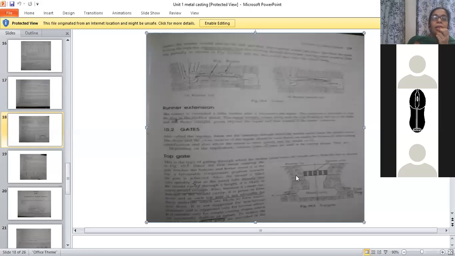Parting gate is the one where the gate is on the parting plane. Step gate is the one where the gate is in the form of steps; there will be 3 steps. So the four types of gates are top gate, bottom gate, step gate, and parting gate. Please remember them. The next one.